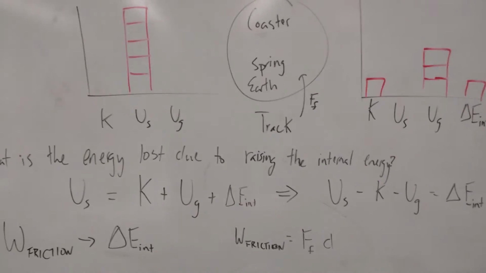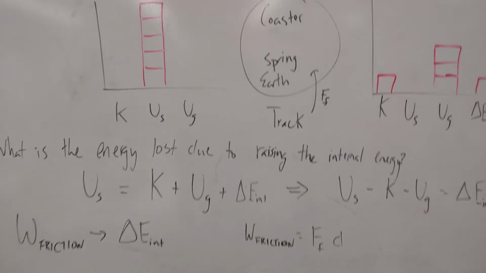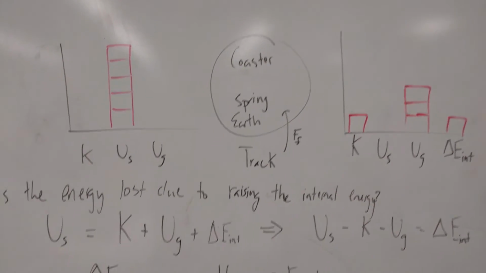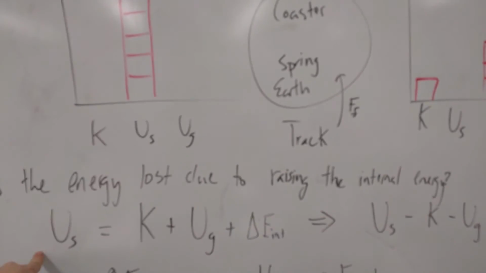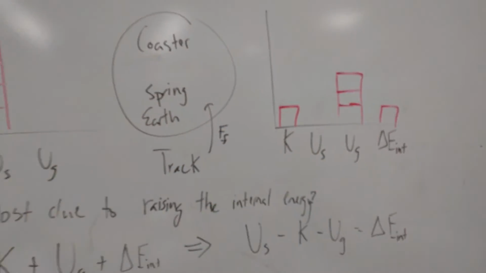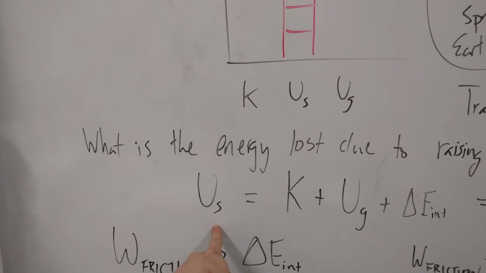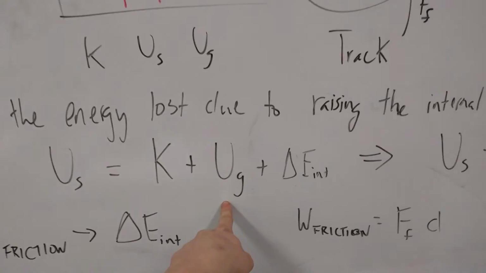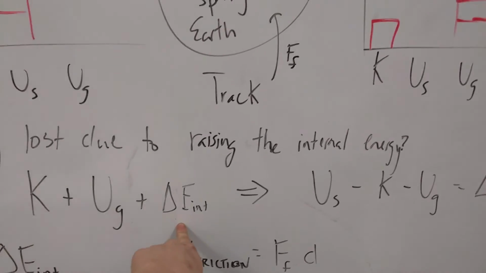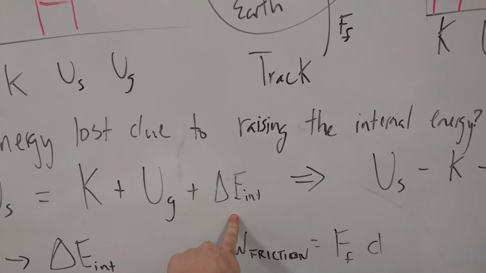Due to raising the internal energy. And we could solve this using a mathematical expression where we set the initial energy equal to the final energy. So my potential in a spring is equal to the kinetic final plus the gravitational potential energy final plus the change in internal energy.